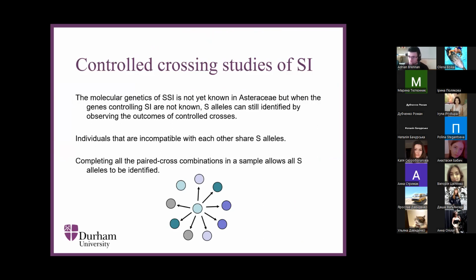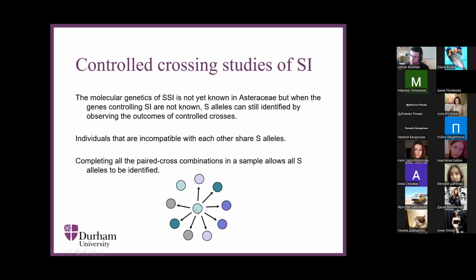But you can still study S alleles by their function. You saw in previous examples how, if you have one individual and you perform controlled crosses with other individuals in a sample, if they're compatible, then you know that the S alleles they express were different. And if they're incompatible, you know that they share the same S allele.